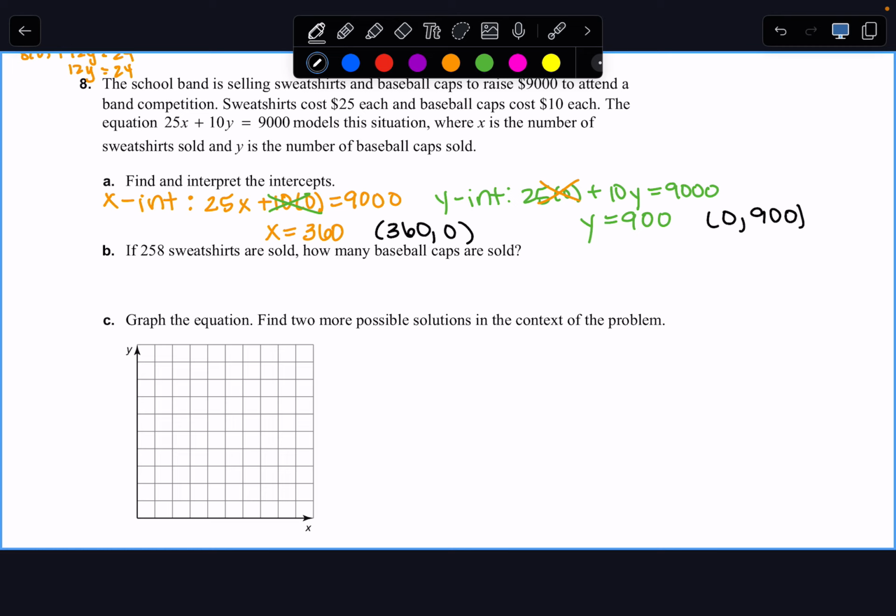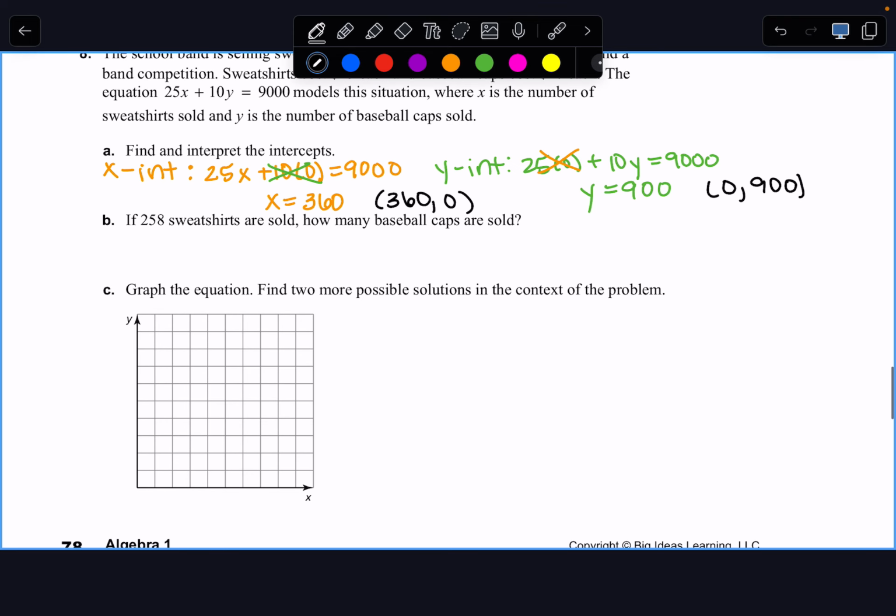Okay. So if I'm going to graph this, should I count by ones? No. You should count by 300. Count by 300 is more effective. Each 150. So here would be 900 for the y-intercept. 100, 200, 300, 360 would be like here, right?